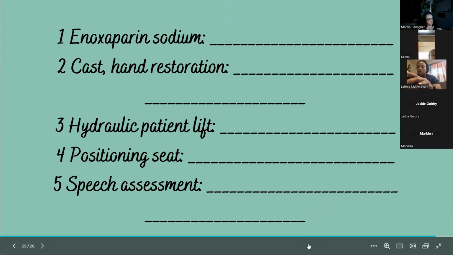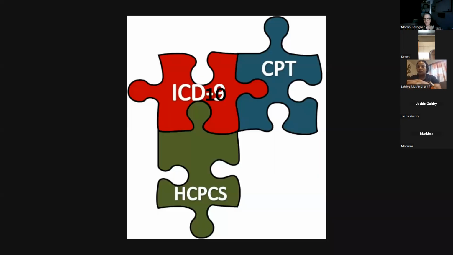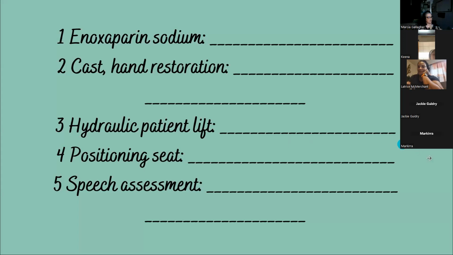Markira, you go ahead and give it to us since you found it. Tell us the page number and what the code is.